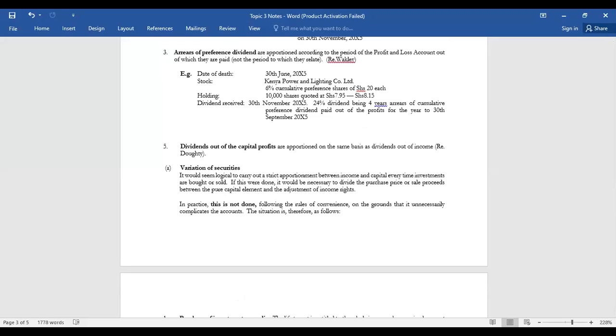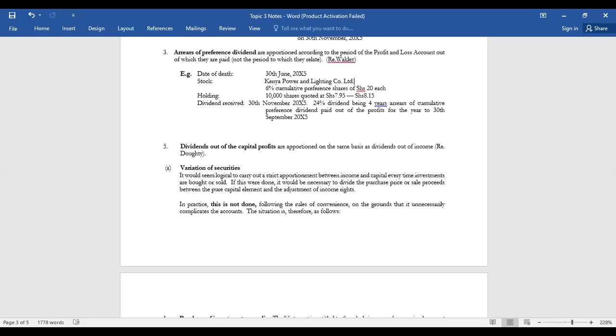In other words, we are saying that profit will be recognized when it is actually paid, not the period they relate to. They will be reflected on the profit and loss account in which they are paid, not when they relate. We are doing this to avoid understating the profit. So prudence becomes very key. You cannot pay what you don't have.